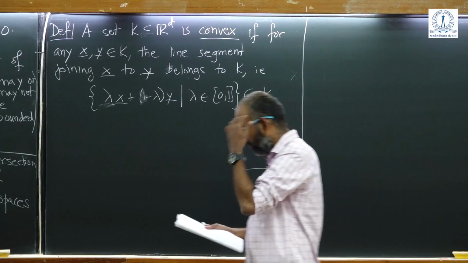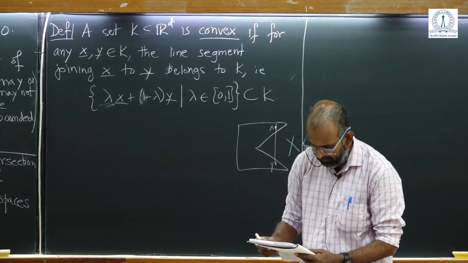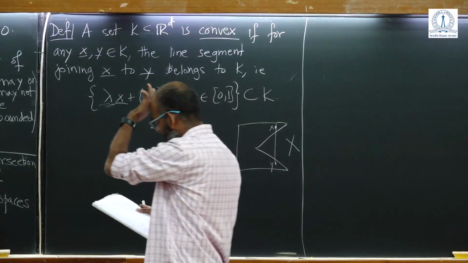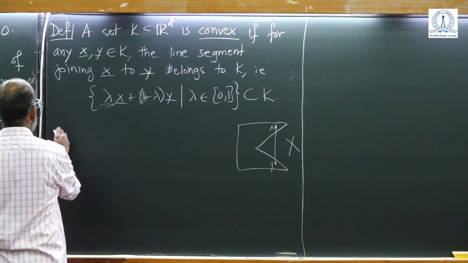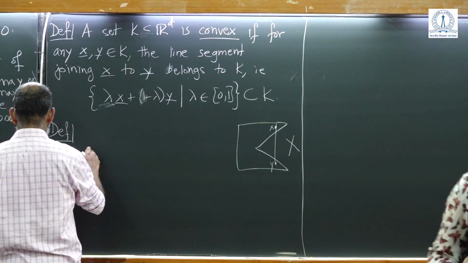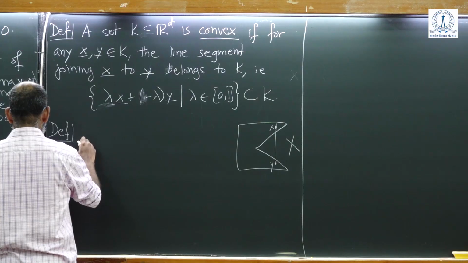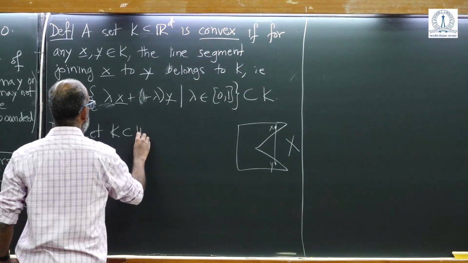Okay. All right. So we are going to talk about convex hulls. I'll define the convex hull formally. So again, let K be a subset of R^d.